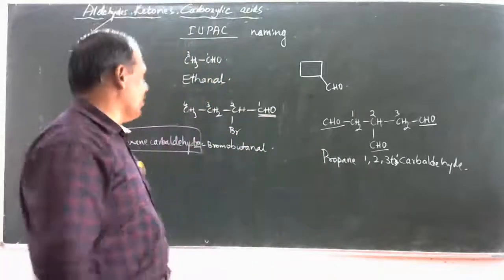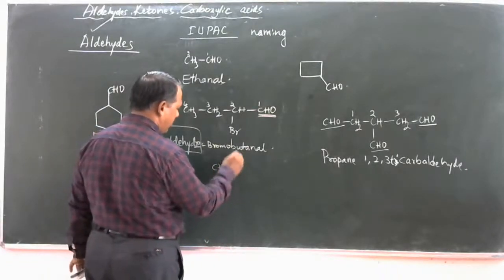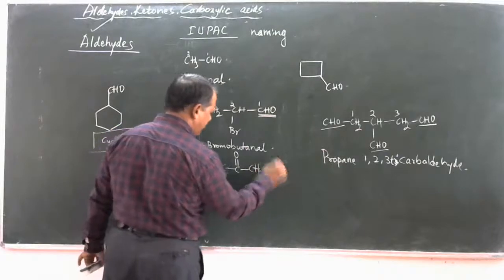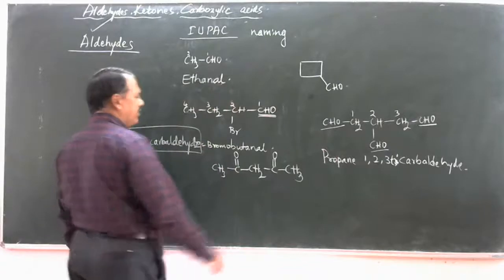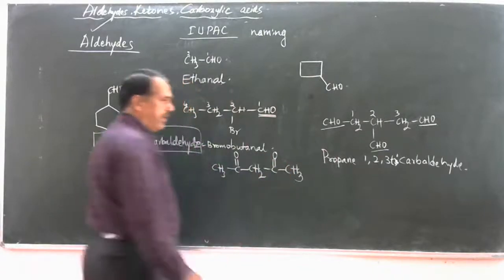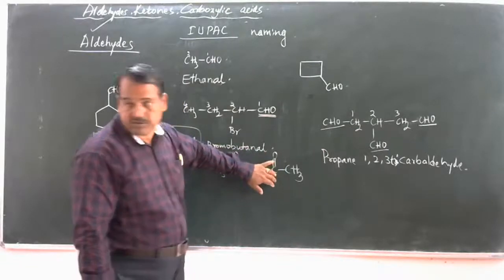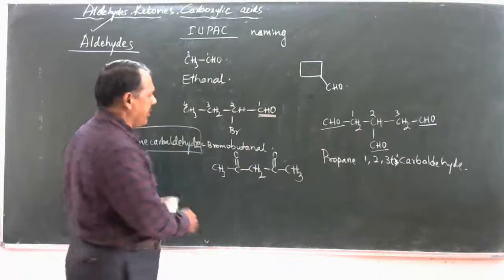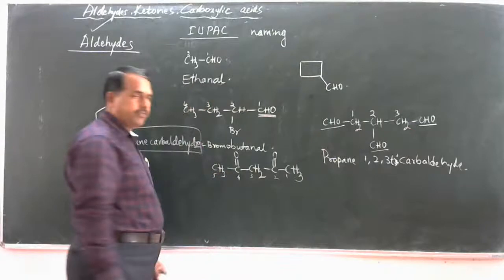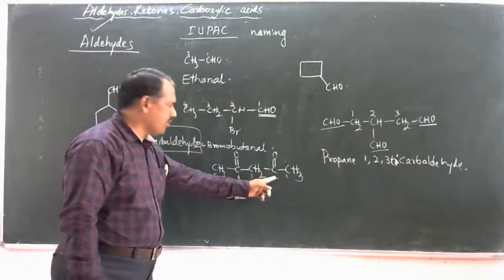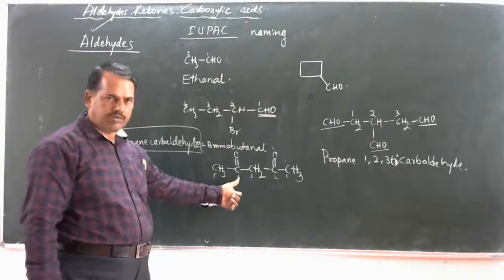Even for ketones, say CH3, C double bond O, CH2, C double bond O, again CH3. Ketones are always present in the middle part. Ketones have the functional group C double bond O. So you can easily do the nomenclature: 1, 2, 3, 4, 5. Now, how many ketone groups are there? 2, at the second position as well as the fourth position.